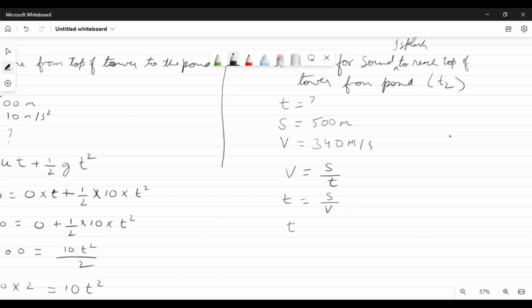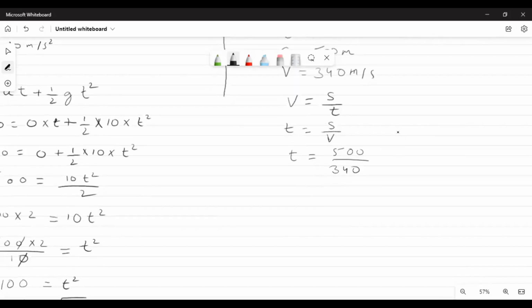So time will be equal to distance 500, speed 340. So divide 500 by 340. What do you get? Tell me. 1.47. Yes. So time t2 in this case is 1.47 seconds.